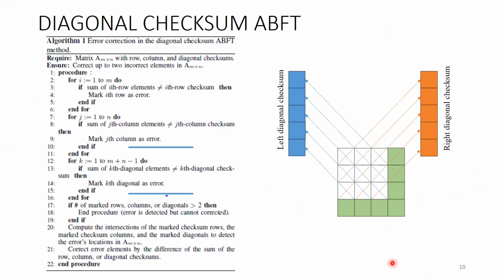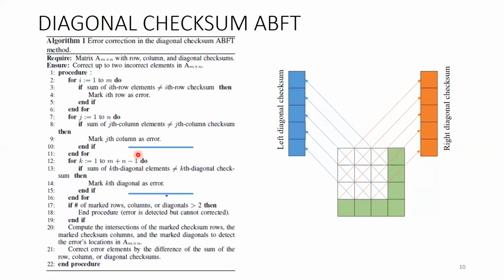The diagonal checksum is the sum of the elements along the diagonal line. Depending on the diagonal direction, we can get two types of checksum: left diagonal checksum and right diagonal checksum. Algorithm 1 shows how to detect and correct two errors.